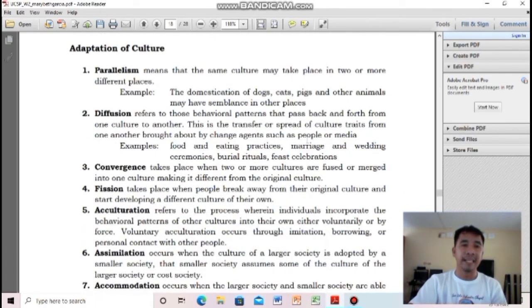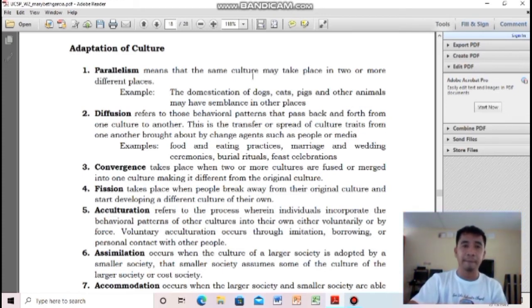We have parallelism. Means that the same culture may take place in two or more different places. Okay. Kung boss lingon, ang kultura pwede matabo or mag-occur in two or more different places or nagkalain-lain nga setting or lugar.